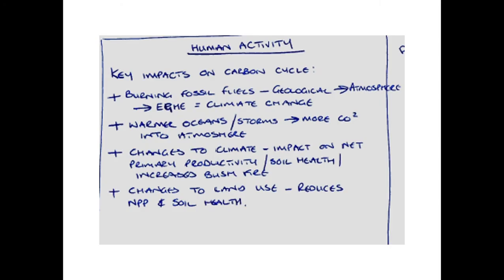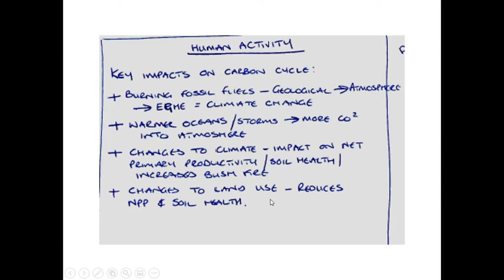So we can start to see that we're fueling this positive feedback mechanism with things leading to more and more atmospheric carbon. And changes to land use can reduce net primary productivity and soil health, which again impacts on the ecosystem and the ability of the ecosystem to sequester carbon.